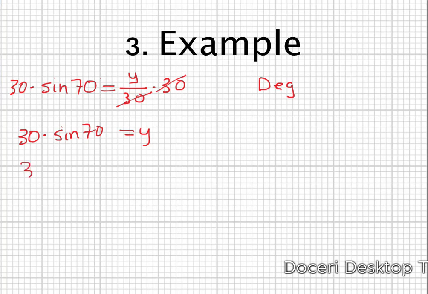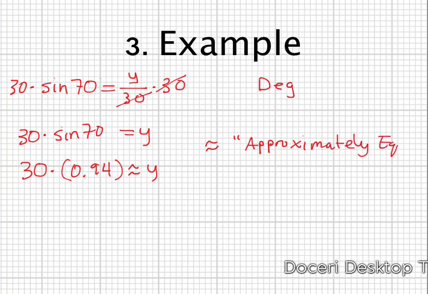If I do that, I find that the sine of 70 degrees is about 0.94. Since this is rounding to the hundredth, I'm going to use a squiggly equal sign, a wavy equal sign. That means approximately equal.